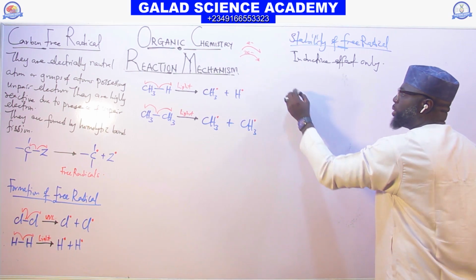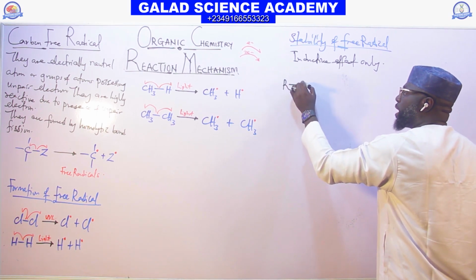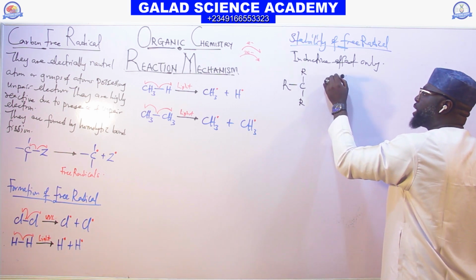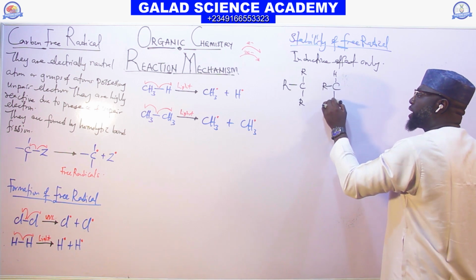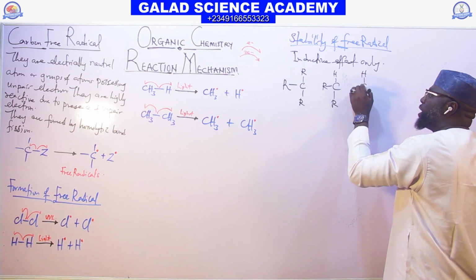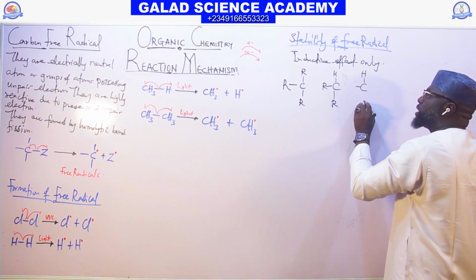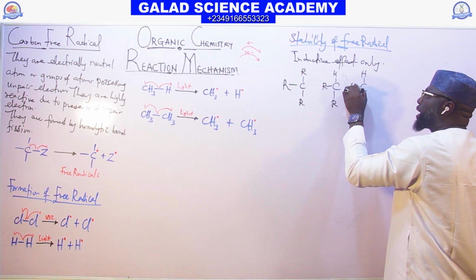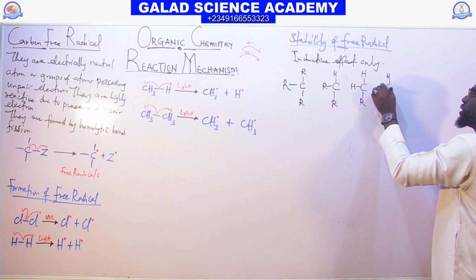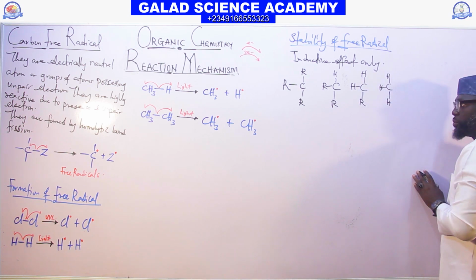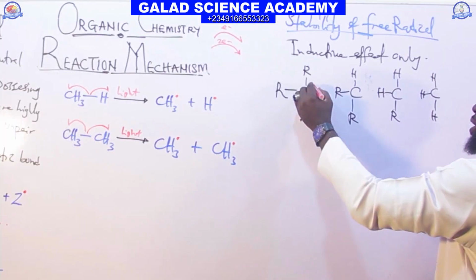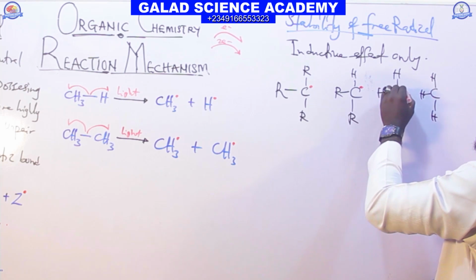If you have a carbon atom with three alkyl groups, another carbon atom with two alkyl groups, a carbon atom with one alkyl group, and a carbon atom without an alkyl group, on these we have dots.